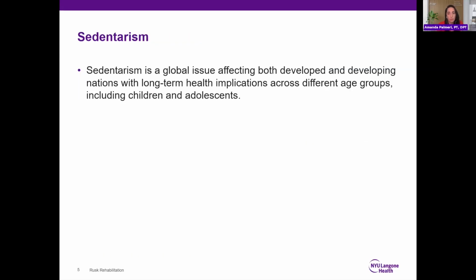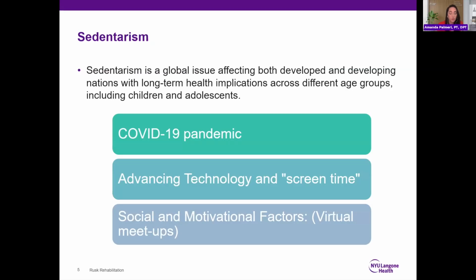Sedentarism is a global issue that can affect all of us in many age groups and appears to be increasing, and there might be several reasons for that. One of them being the pandemic that obviously brought us all within the home environment for much longer than we typically would be, the advancement of technology, which has increased our screen time, and then on top of that, social and motivational factors in that now we have the ability to meet with each other, be together, accomplish things, be productive virtually.